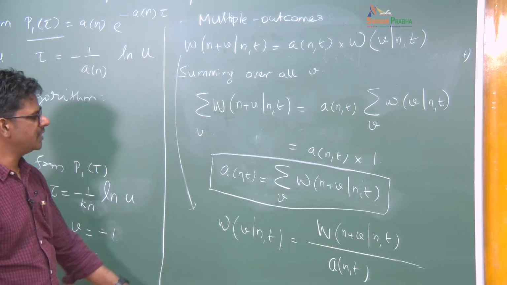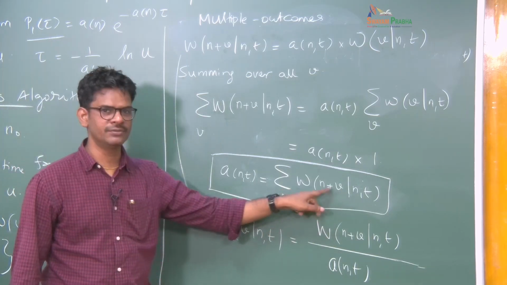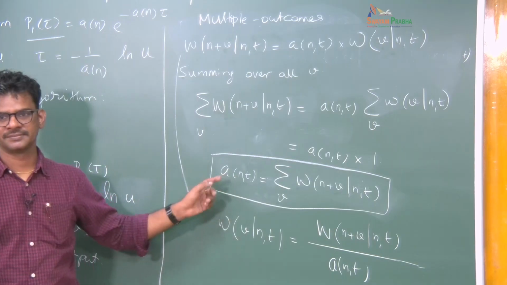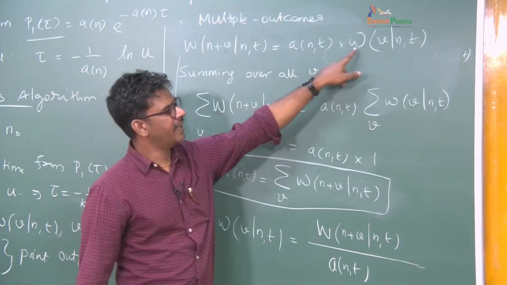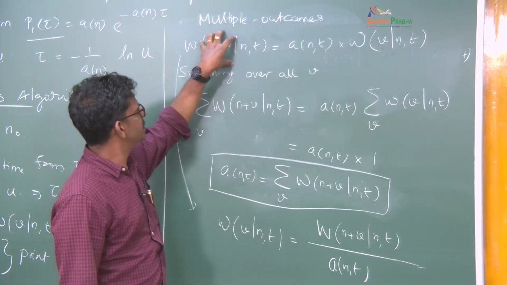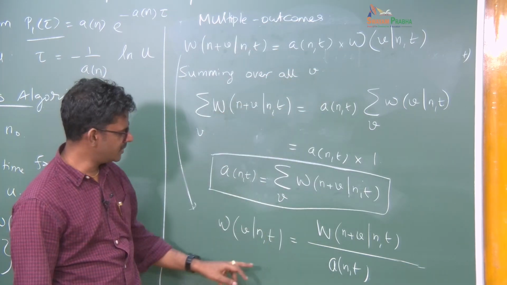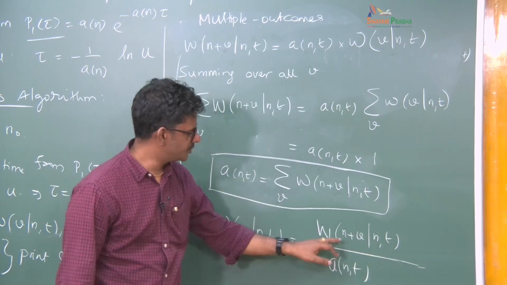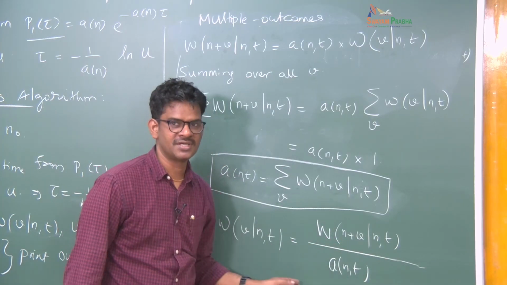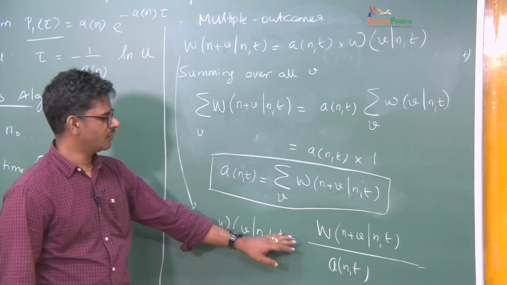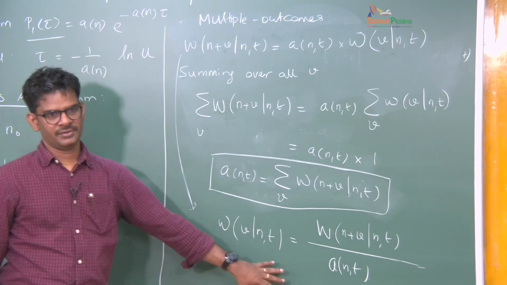That means we have to set this function for all possible nu and sum this over; that is your rate A. Now I can go back here and solve for omega. So omega is nothing but this divided by A. In other words, this is going to be a function specific to a chosen nu, whereas this one is going to be a constant because it's the sum of all the rates. I think it will become more clear when I take an example.